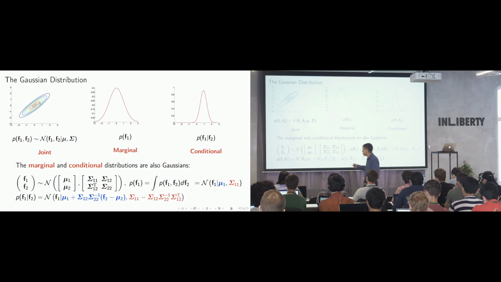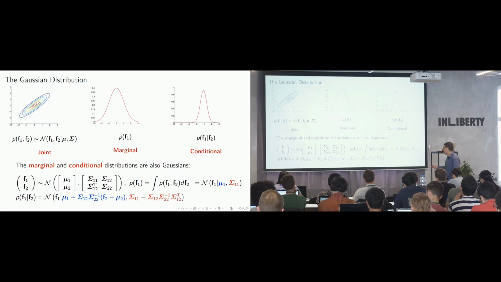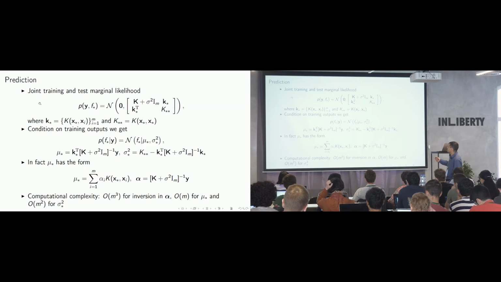Using this famous formula, dating back to the previous century, which tells us how to calculate the conditional distribution of one Gaussian subvector given another Gaussian subvector, we plug in these quantities instead of mu sub 1, sigma capital 1, 2, and so on.